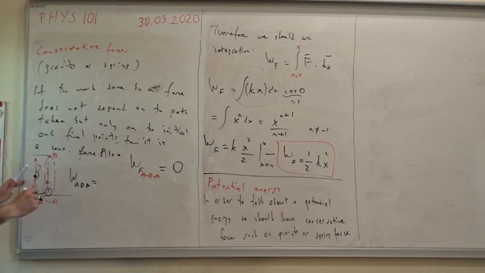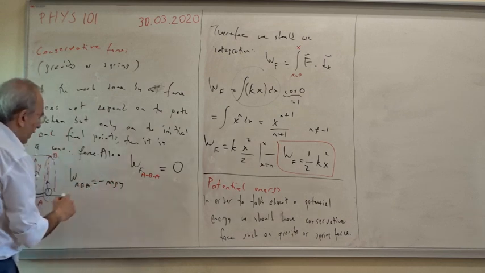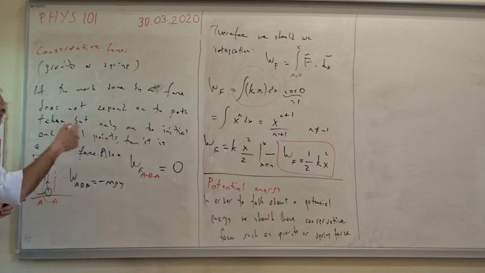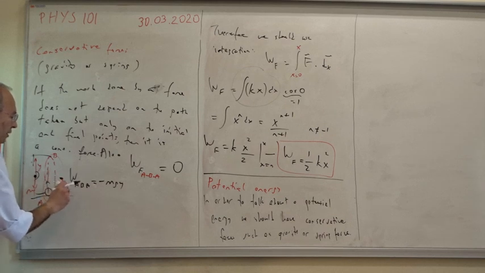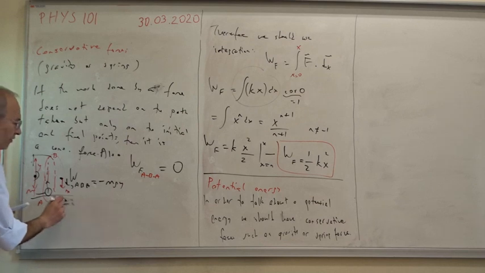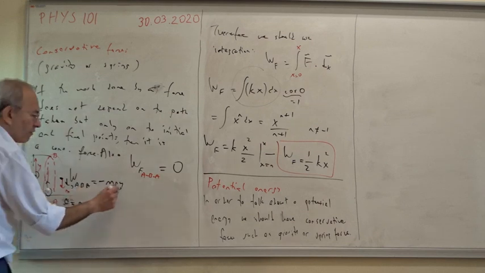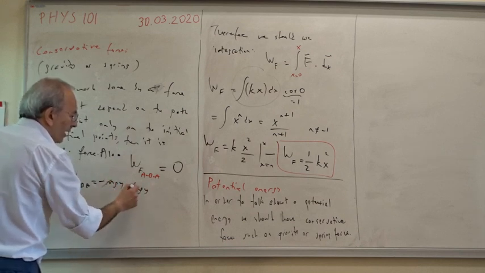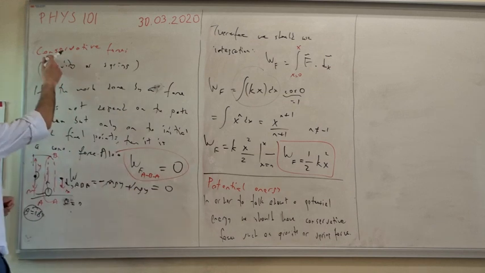It is negative mgy, because the angle is 180. In the second half, both mg and y are in the same sense, so there is no angle. Because of 180, we have a minus sign in the first half. Because of cosine 0, we have plus mgy, and they cancel, so we get 0. Therefore it is a conservative force.